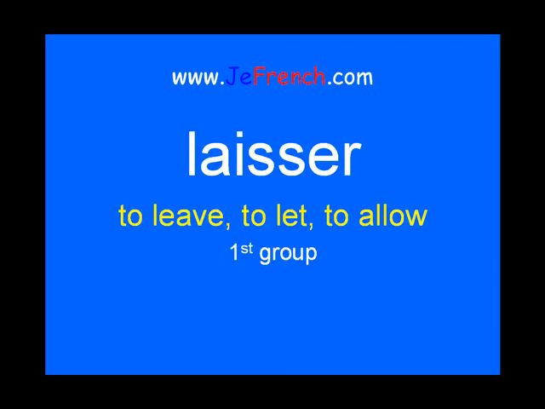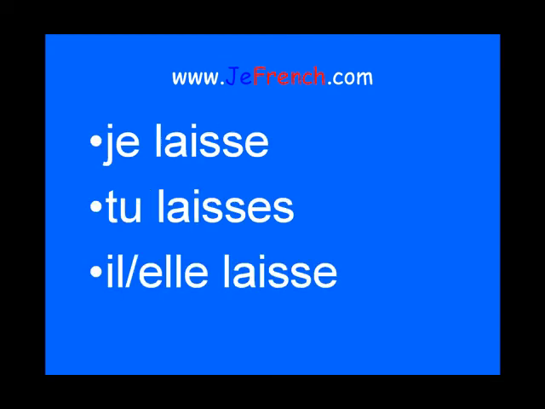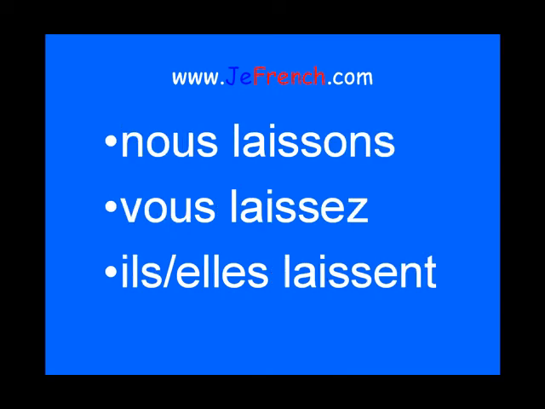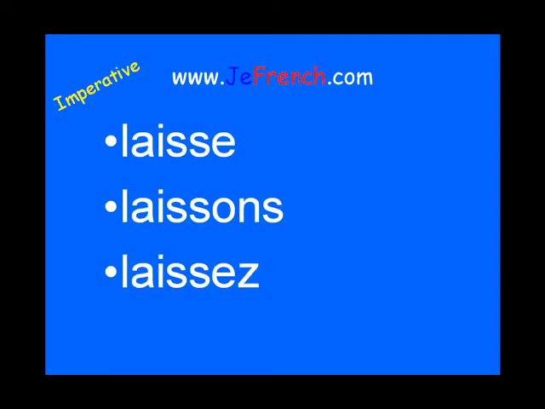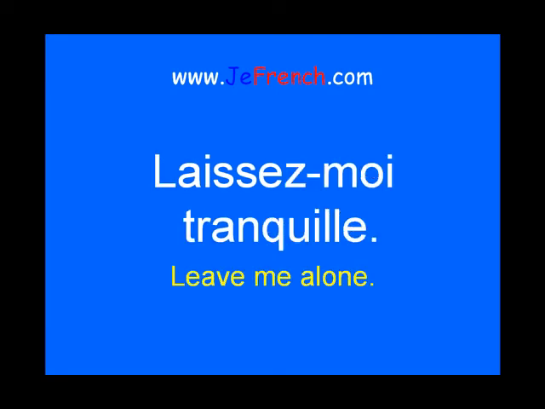Laisser, to leave, to let, to allow. First group. Present tense. Je laisse, tu laisses, il laisse. Nous laissons, vous laissez, il laisse. Imperative, laisse, laissons, laissez. Laissez-moi tranquille. Leave me alone.